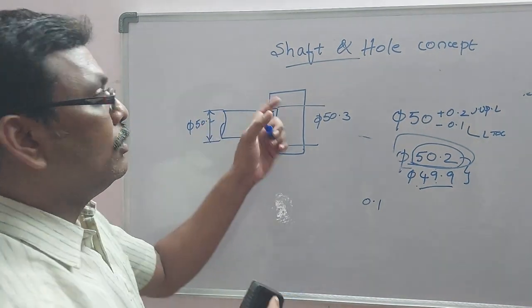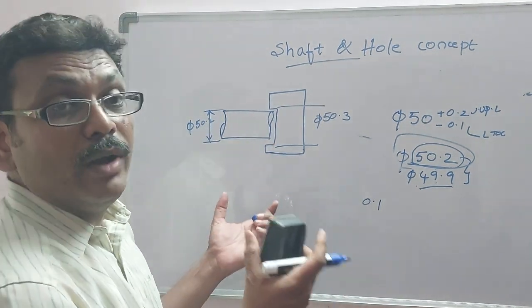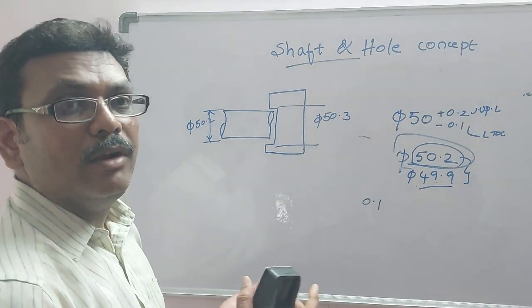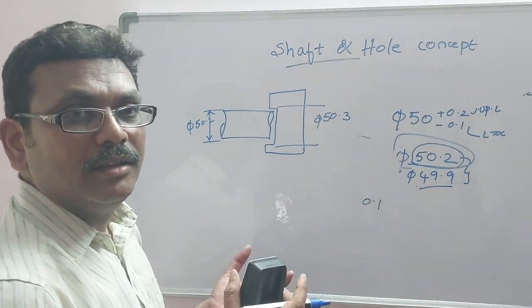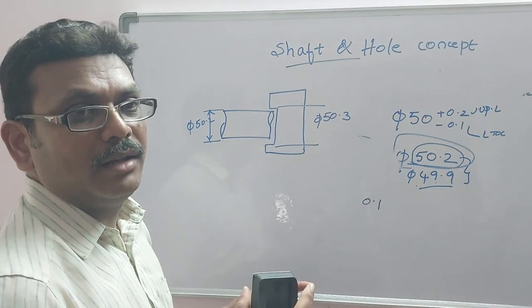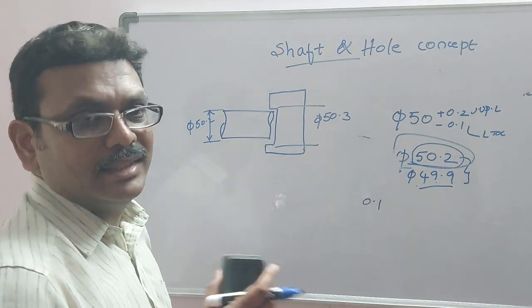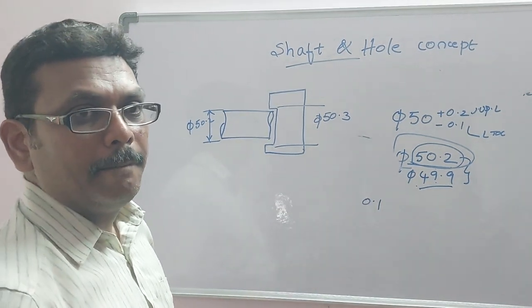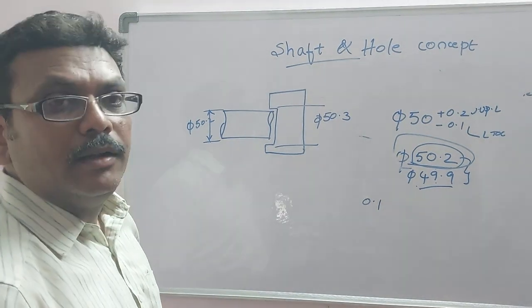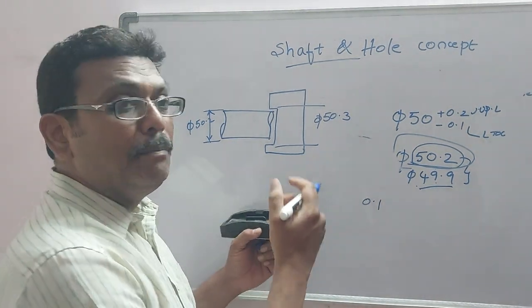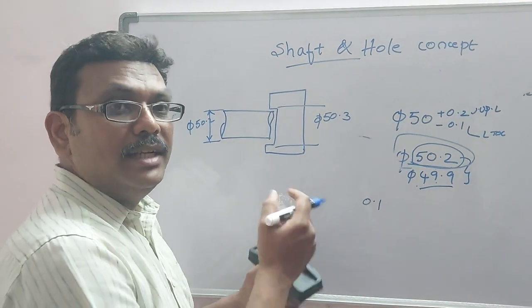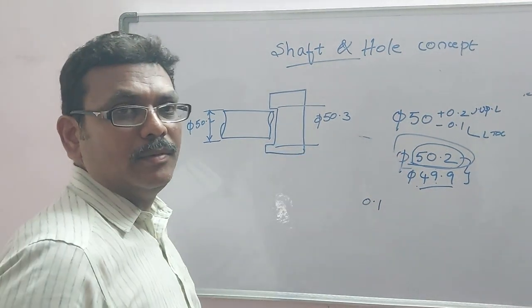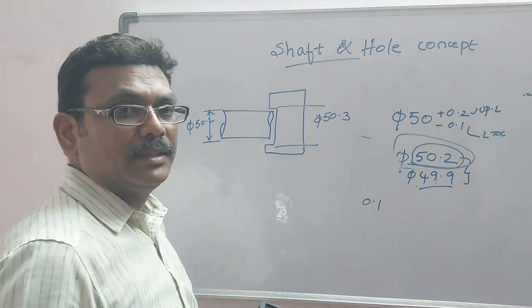Okay, so this is where we have to decide the tolerance of a particular component when it is going for assembly. Okay, in the next section we will see the application of GD&T with respect to these concepts.